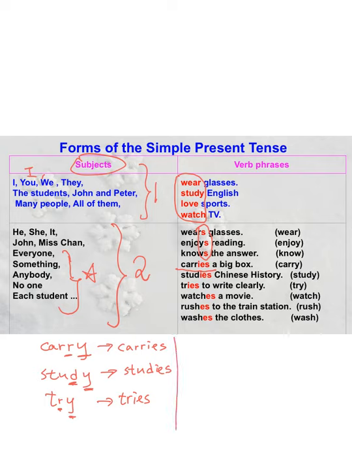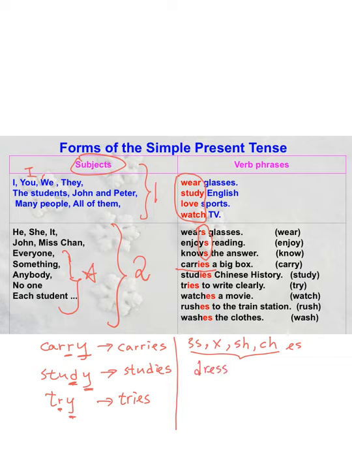And situation number 2, when the verbs end in ss, x, sh, ch, then we need to add es. For example, dress.